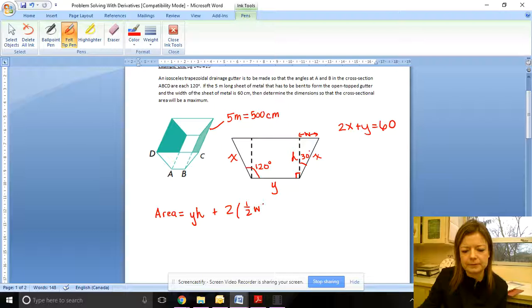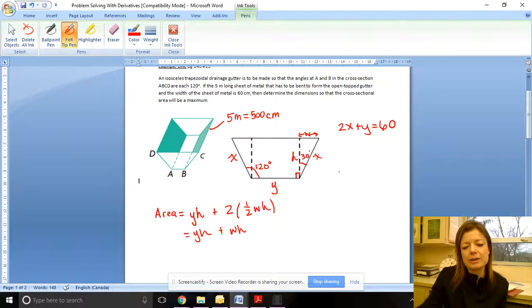Width times height. So, I mean, we can collect the 2 and the half. But what we can see is the problem here is that we have a Y, an H, and a W, and an H. And we're actually going to create a function that's all in terms of X. Okay, we are going to create an area function that's all in terms of this X.